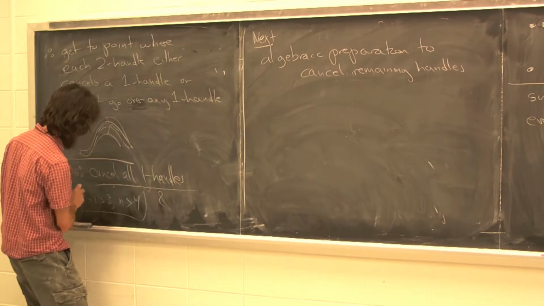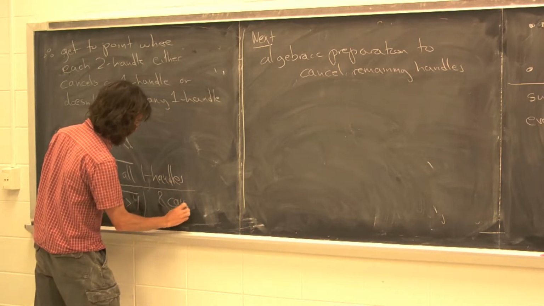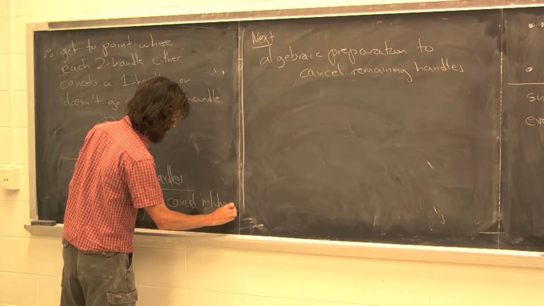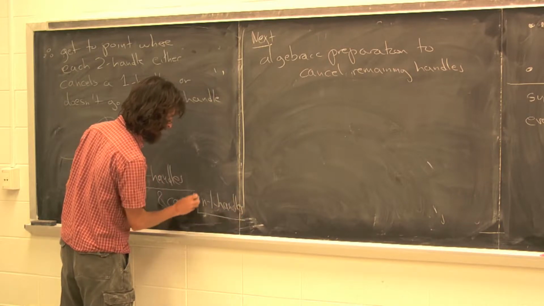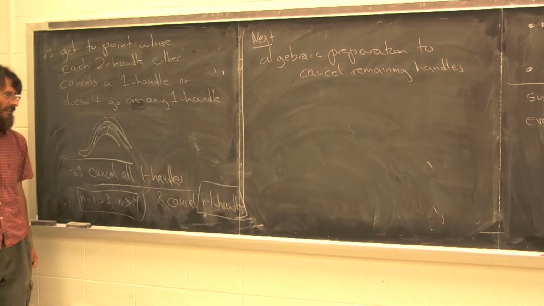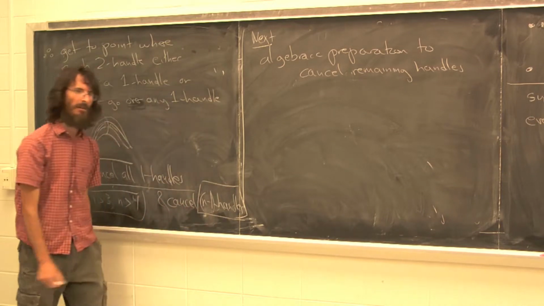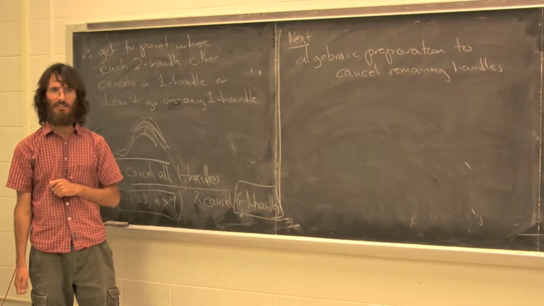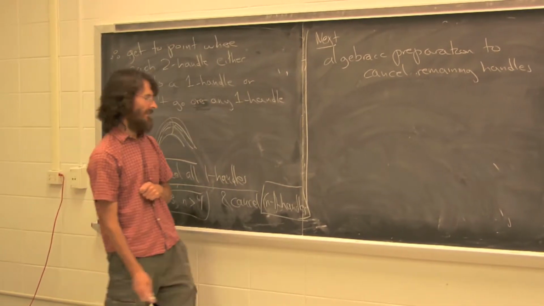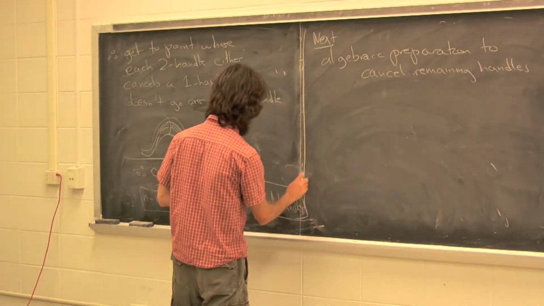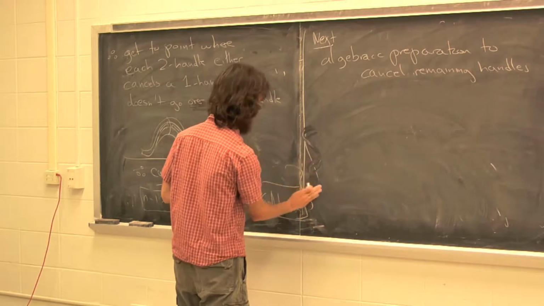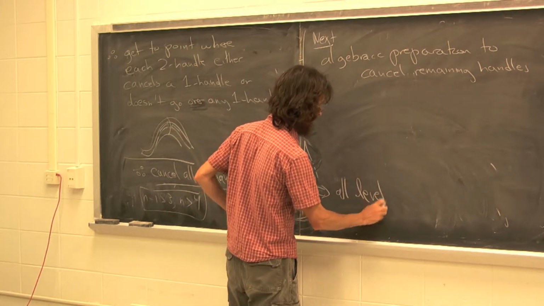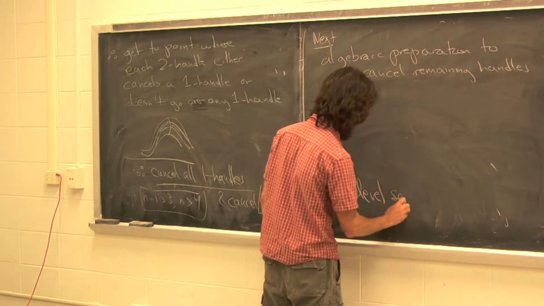Because of this, we can also cancel all n-1 handles. Now the advantage of all of that is I've got no one handles or n-1 handles, and that means that all level sets are simply connected. So the conclusion of this is that all level sets, anywhere where anything is being attached, are simply connected.